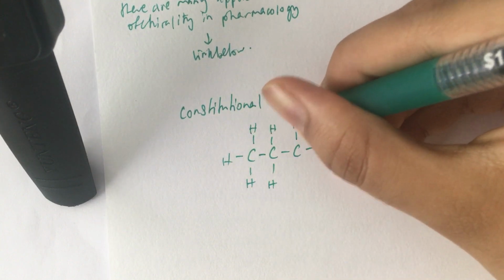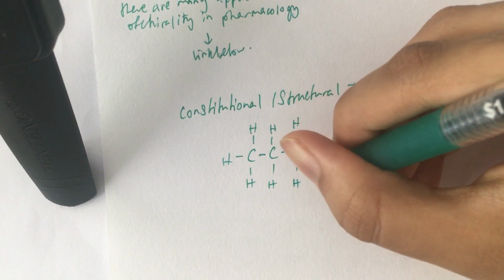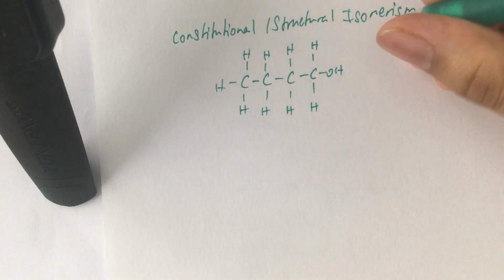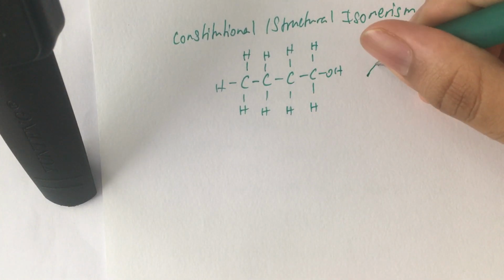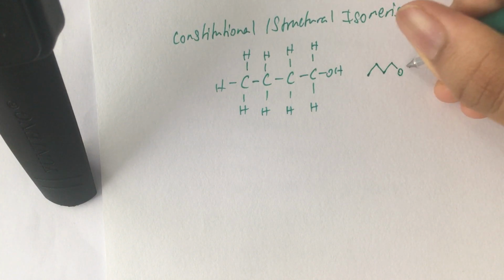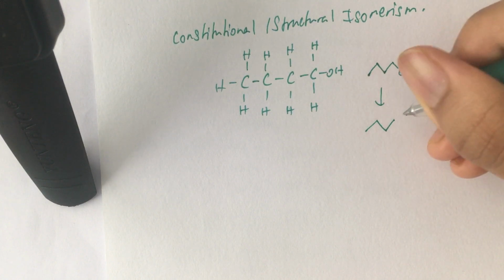This is generally used for organic chemistry, although it could apply to other stuff as well. In organic chemistry, the most common kind of constitutional or structural isomerism is basically just the functional group being on a different part of the molecule.